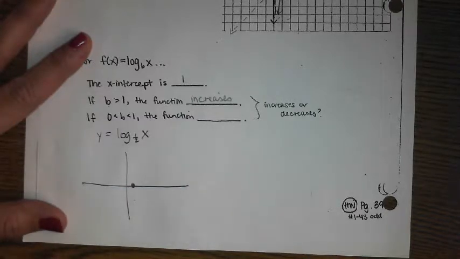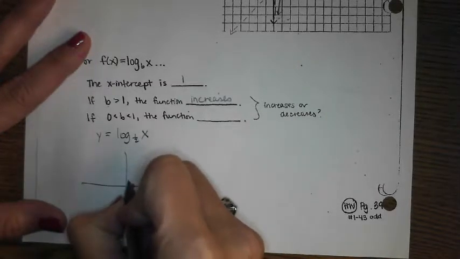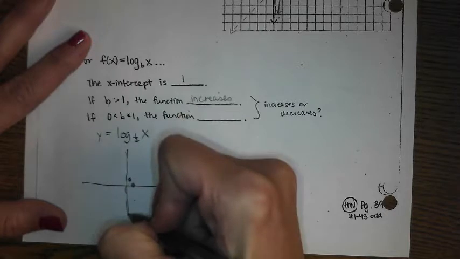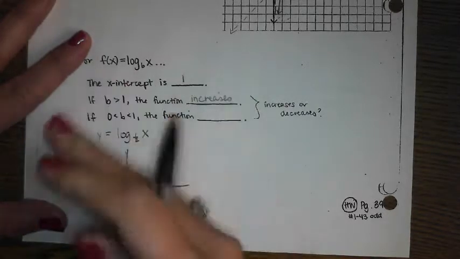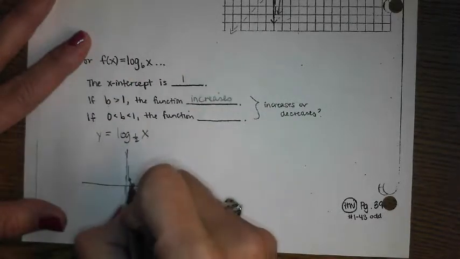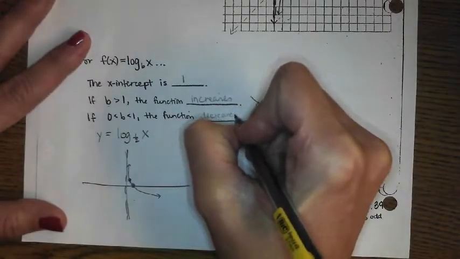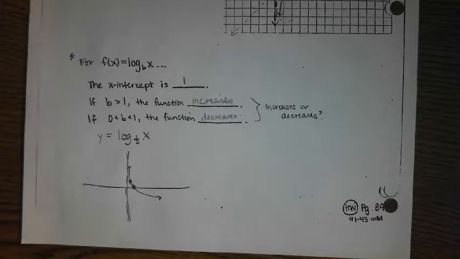And what would your next point be? (1/2, 1), which would be there, right? So, and here's your asymptote as always, so you can see that it is decreasing. So that's really the same.